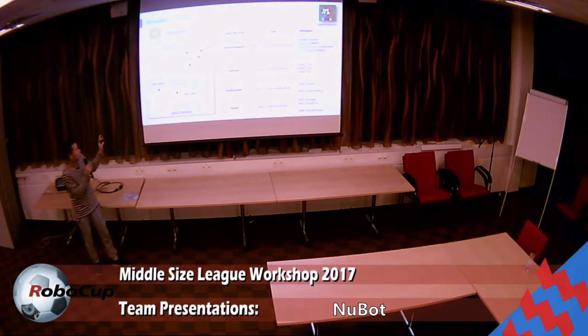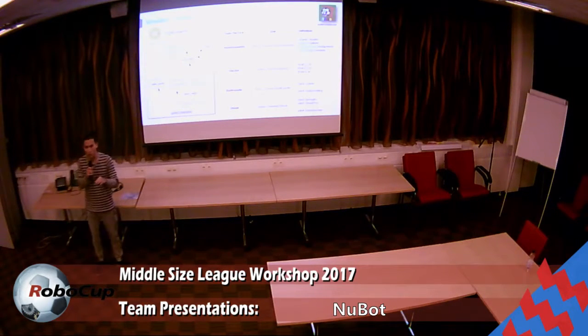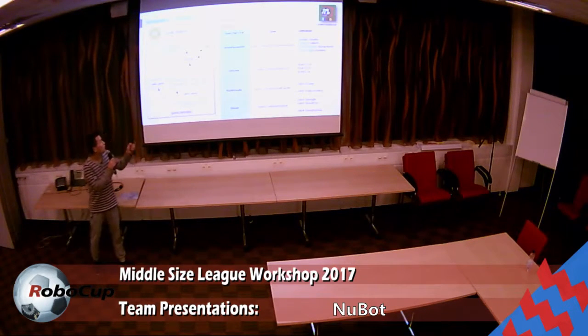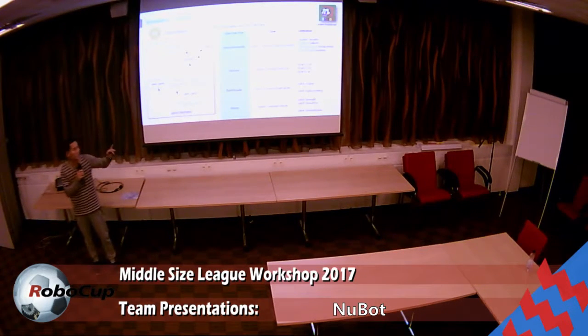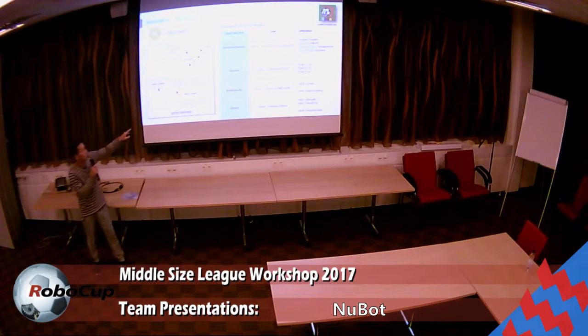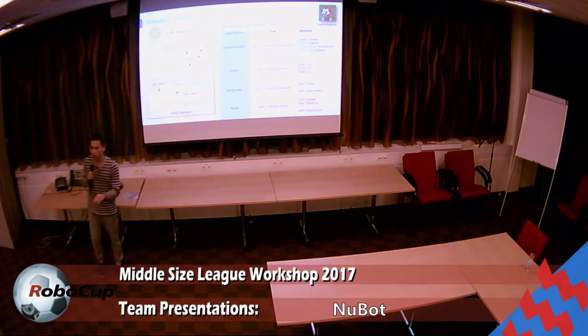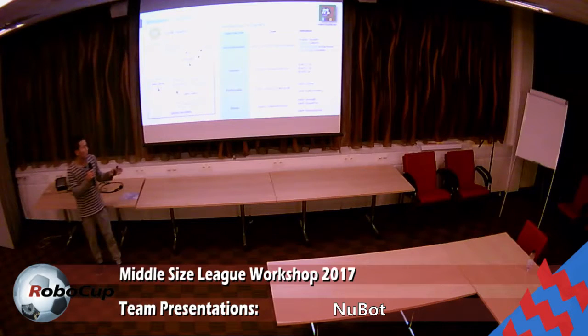And if you call the ROS service, it can shoot or dribble the ball. So the interface is the ROS messages and services. You can see here, the first column is the four ROS messages or services that we use as an interface. So you don't have to care about how the robot model is, or how it works.